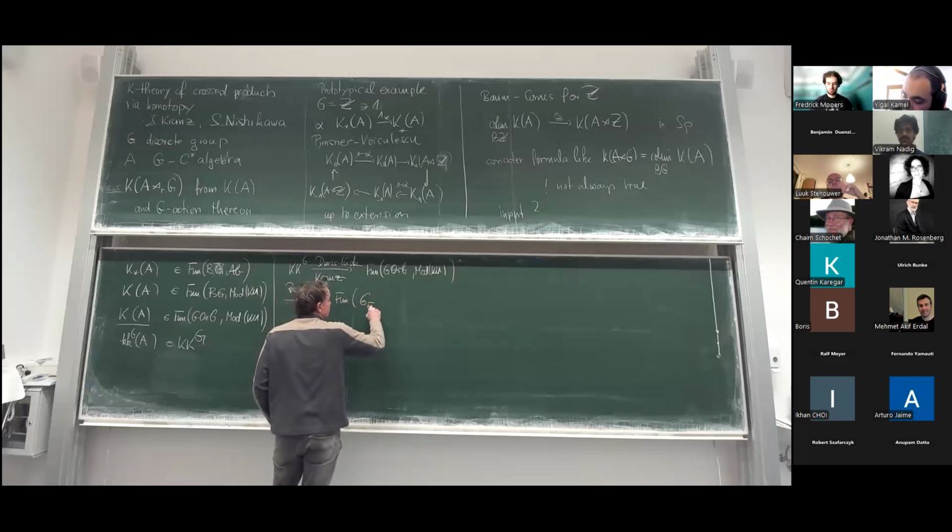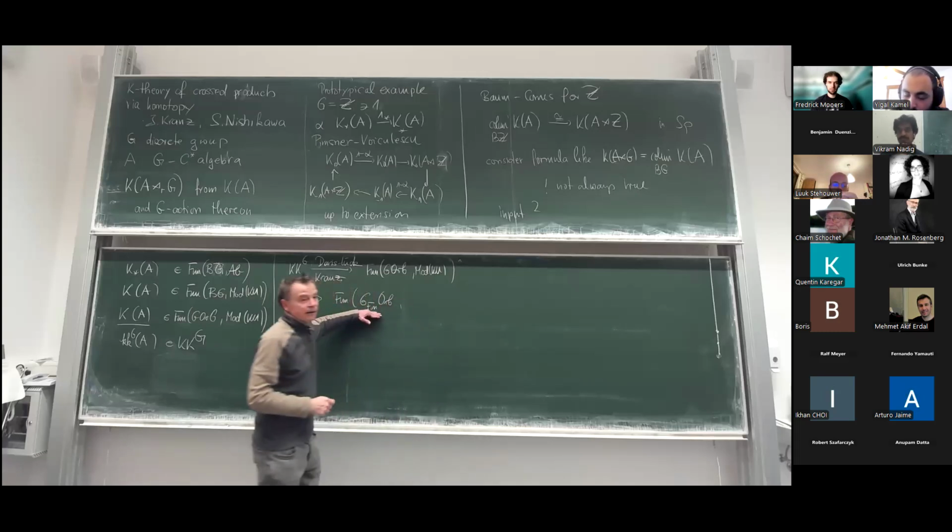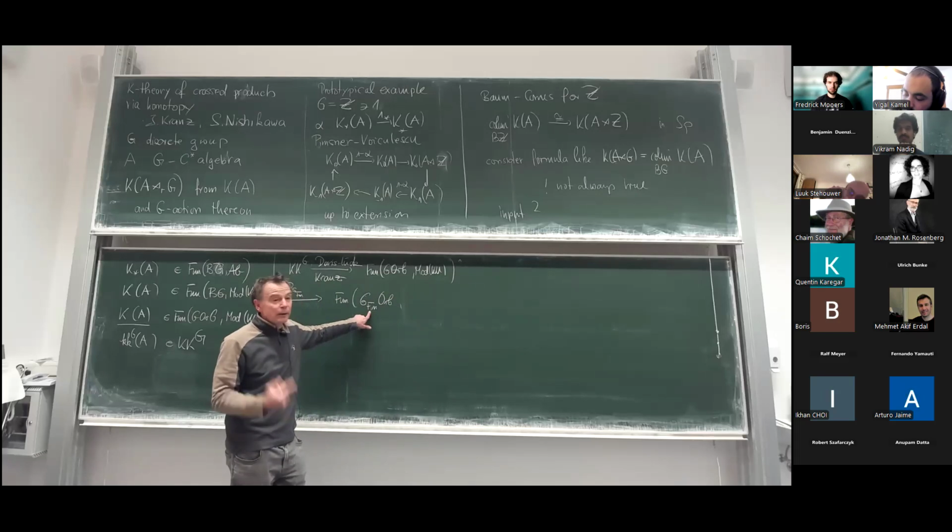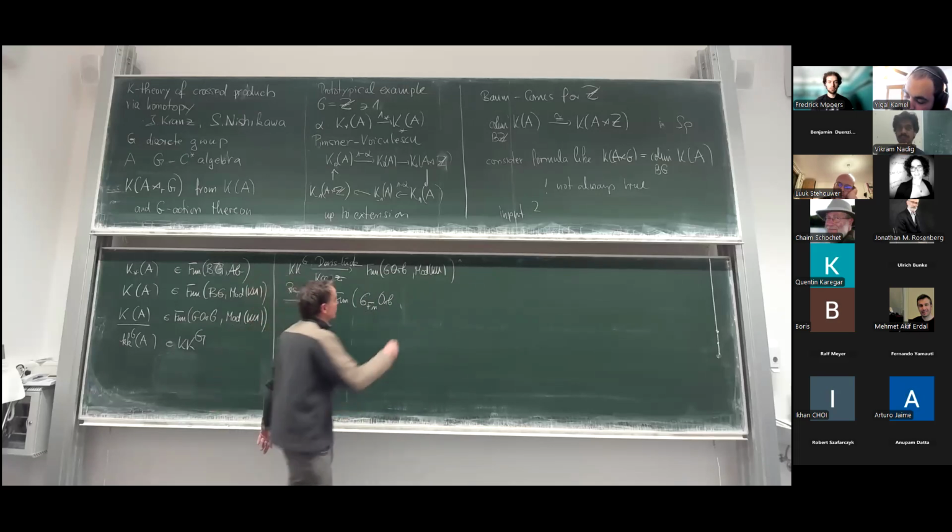This will play a role. If I put an index here, this is the family of subgroups, the orbits where the stabilizers belong to the family. And here I consider the family of finite subgroups.